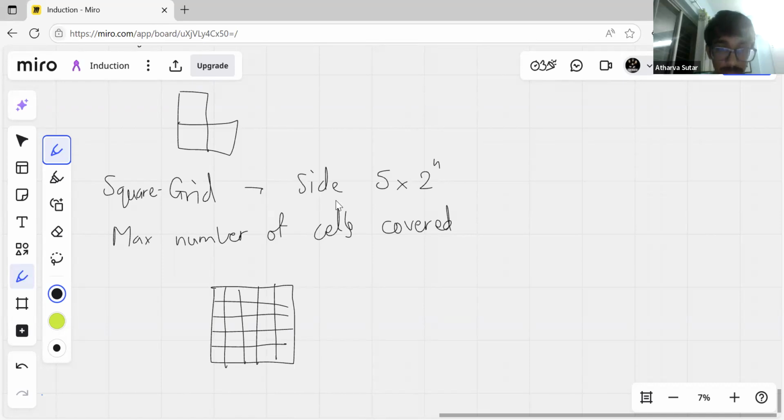You can rotate and reflect. Like for example, not for this question, but if it was, let's say, 2 cells, you can cover at most 3 cells, right? You can't cover the fourth cell ever.